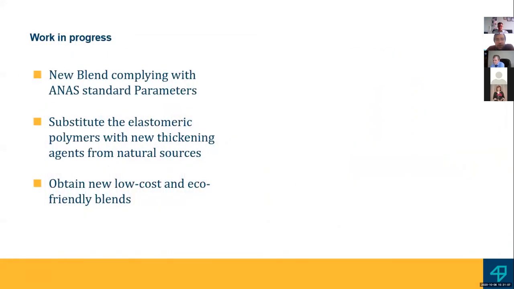In particular, as a work in progress, we try to prepare a new blend to comply with ANAS parameters, and substitute elastomeric polymers with new agents, possibly from natural sources, and to obtain new low-cost and eco-friendly blends that can substitute the bitumen from crude oil.